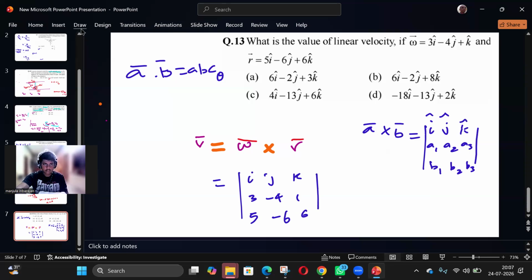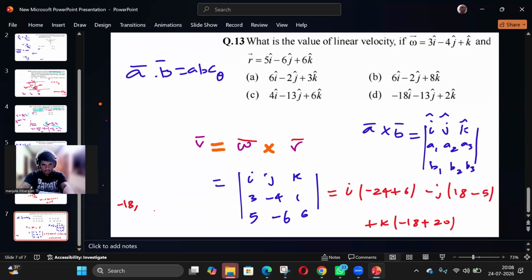Get the answer. Minus 18, minus 30 j cap plus 2k cap. It's option D. Pick the answer. It is option D, yes.